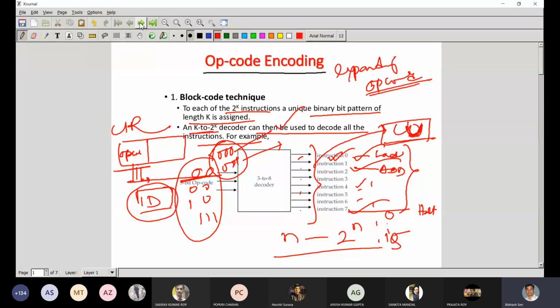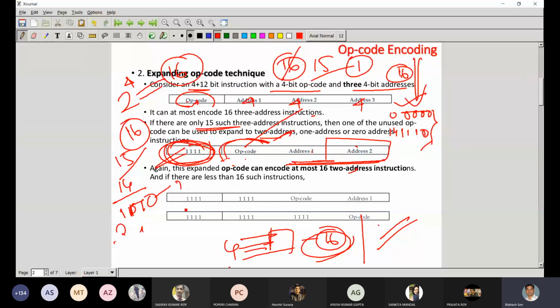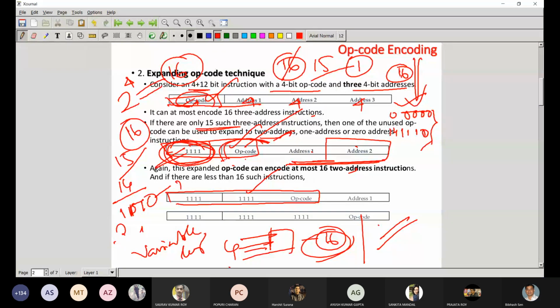So that is the one problem, that the length of the opcode now differs. Am I clear on this point? Since the length of the opcode varies, there is a chance of getting a variable length opcode.